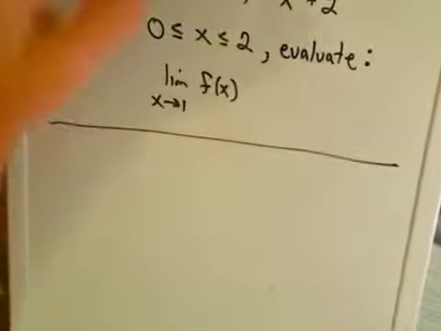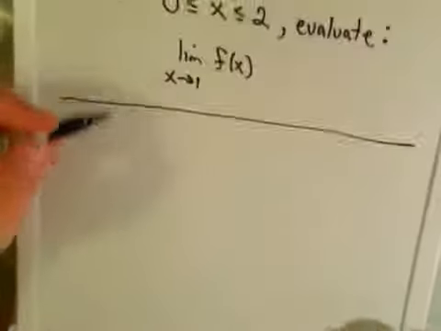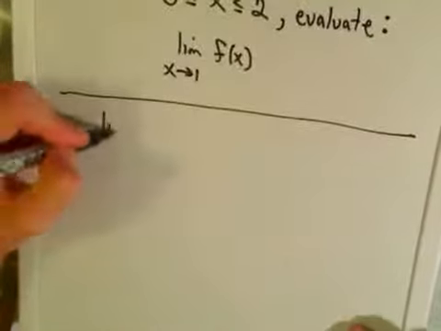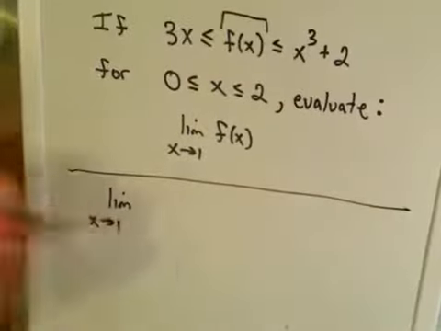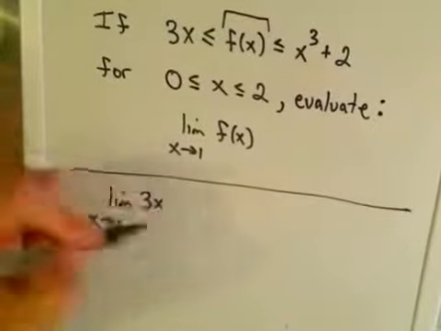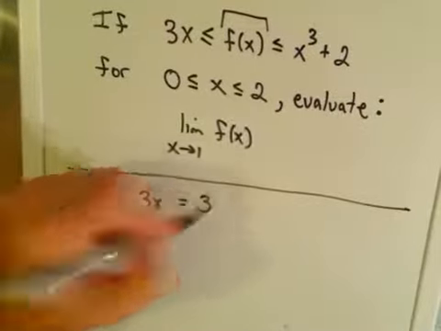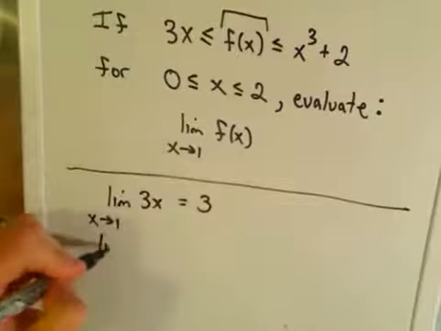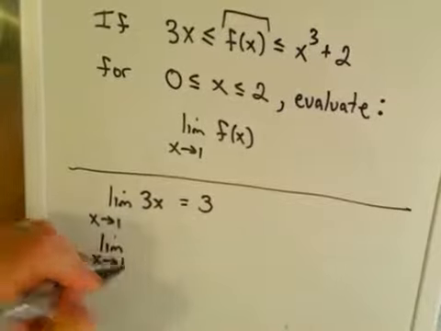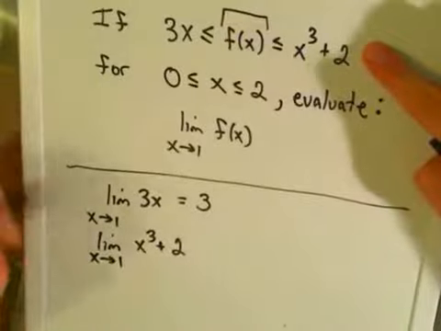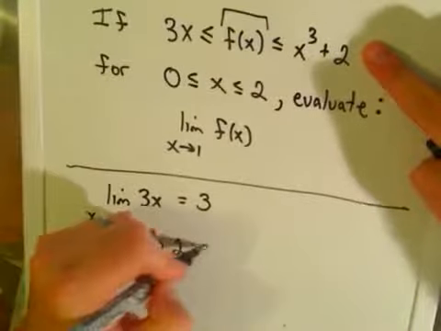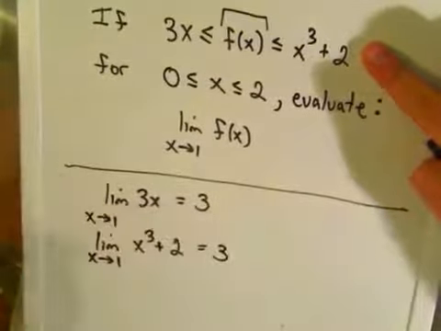Well, the idea is, if we want to calculate the limit of the middle part, we can just calculate the limit of the end parts. So we'll look at the limit as x approaches 1 of 3x. Well, we can just plug in and get that to be 3. If we look at the limit as x approaches 1 of x cubed plus 2, the one on the outside, again, if you plug 1 in, you get 3.